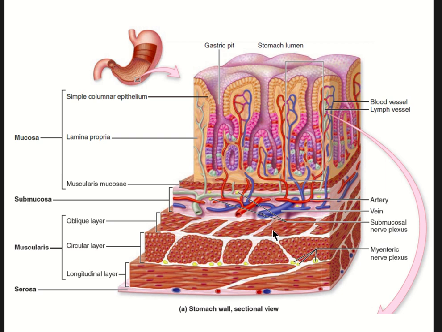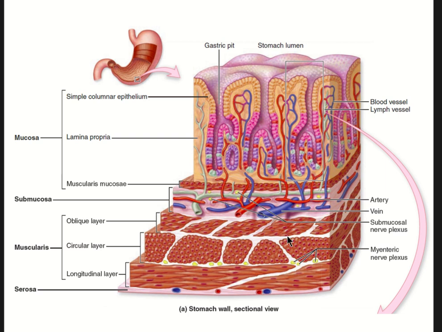So why do we have an oblique layer? Remember, think back to A&P1, you learned that muscles and how the different arrangement of the muscles were sort of what told you the direction of movement, because how it contracts can tell you how it's going to be moving, right? So that's exactly what's happening here.